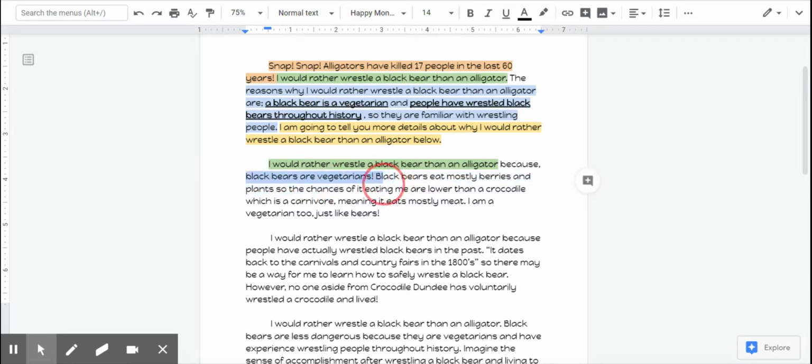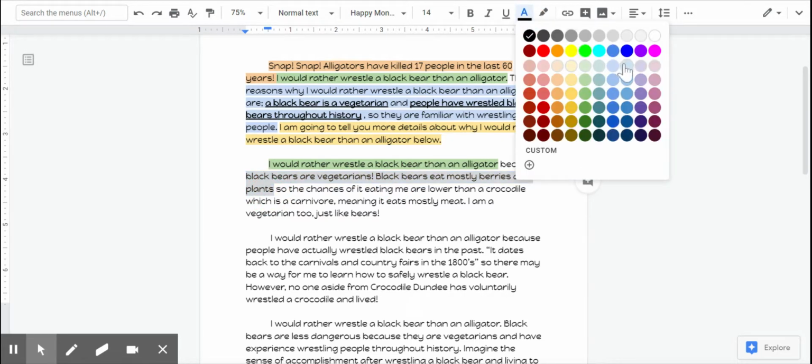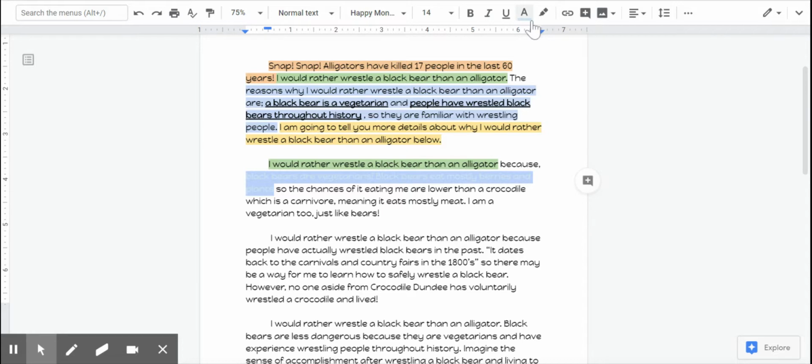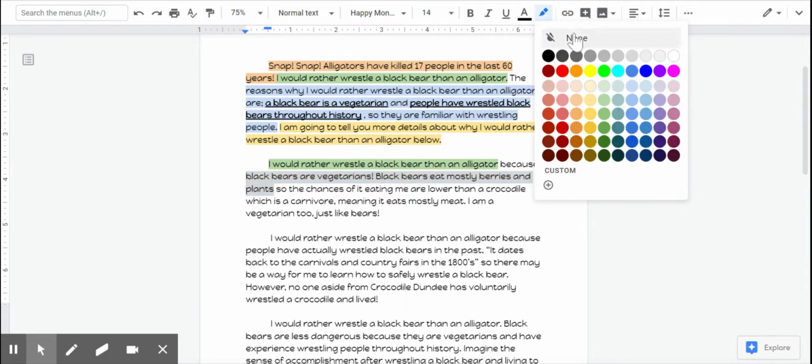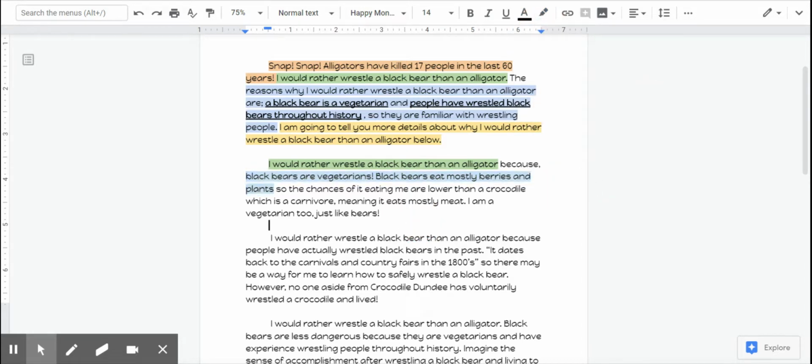They mostly eat berries and plants. That's a fact, okay? I'm going to put my fact in blue, okay? So the chances of eating meat are lower than a crocodile, which is a carnivore. And that's actually another fact, okay?